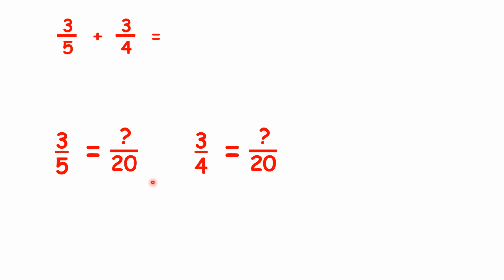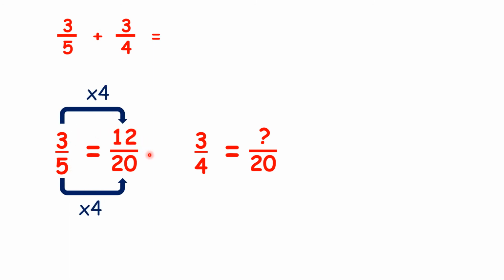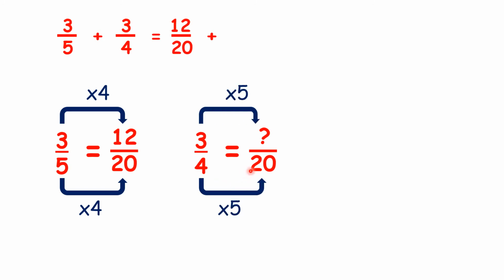20 is a multiple of both 4 and 5, so we can find 2 equivalent fractions with a denominator of 20. 3/5 is the same as 12/20, and 3/4 is the same as 15/20.